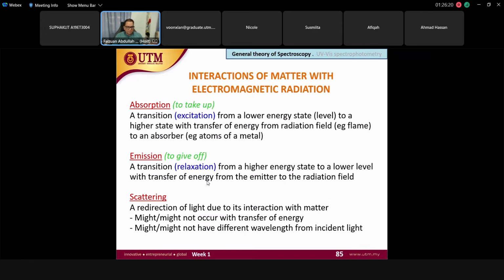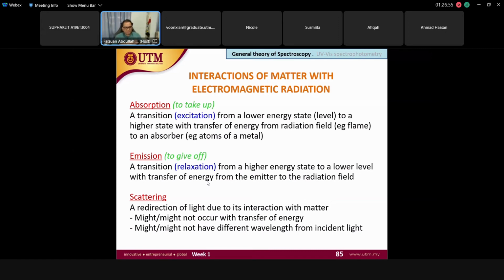Meaning relaxation from the excited state, with a lot of energy, and then when the atoms or molecules go back to the lower energy state, it will release a packet of energy. Either absorb or emit. It is different, right? Absorb is take the energy, emit is give back the energy, right?